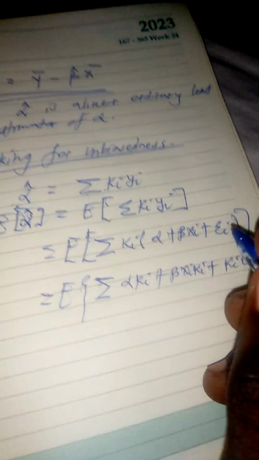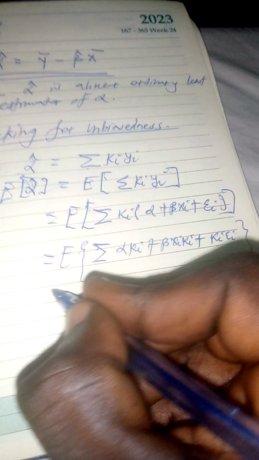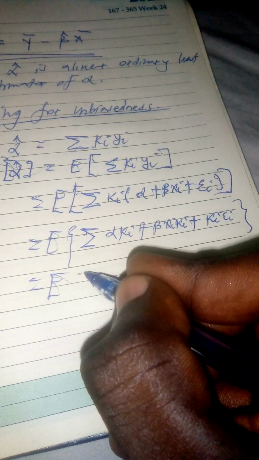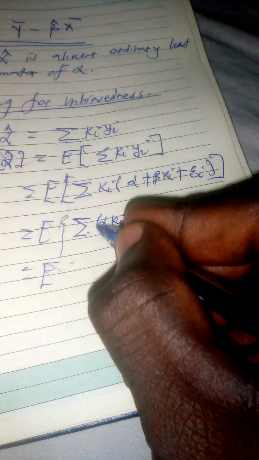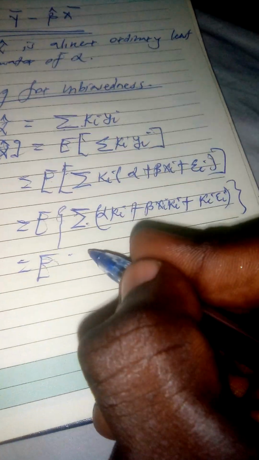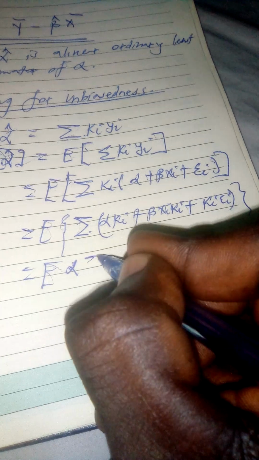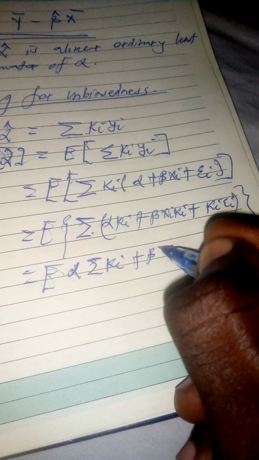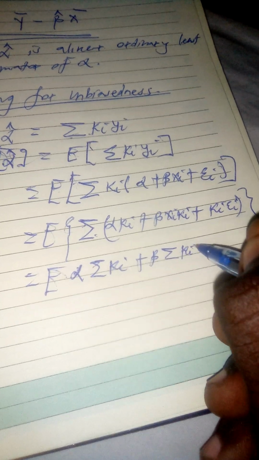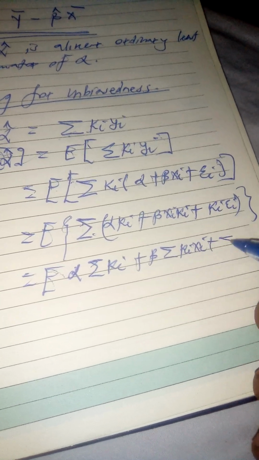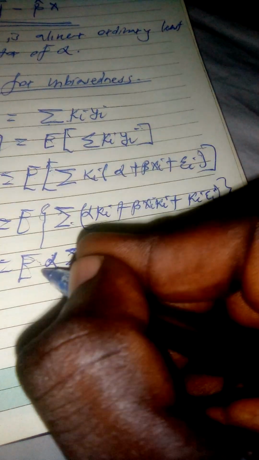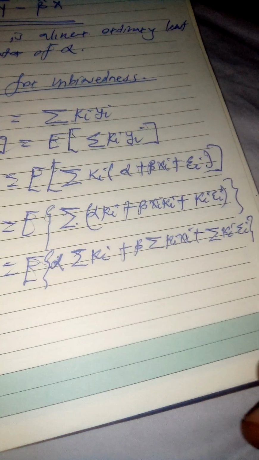Now we are going to enter the summation: alpha summation of ki plus beta summation of kixi plus summation of ki error term i.